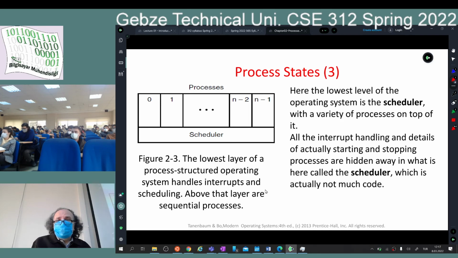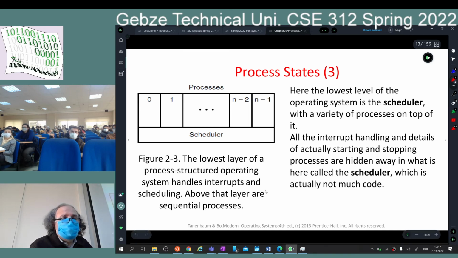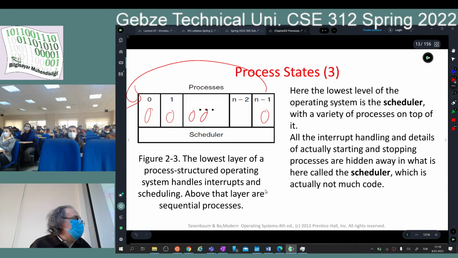This scheduler, as I said, after each interrupt handling makes a decision: are you going to use the CPU or this one or that one and that one? So scheduler runs an algorithm to make those scheduling decisions. Sometimes those algorithms are very, very simple. They say, okay, round robin, you just run process number 0, then 1, then 2, then 3, then n-1, then after that go back to the beginning.